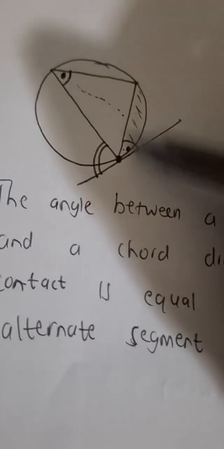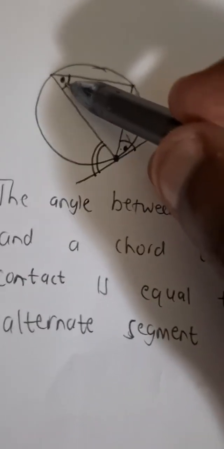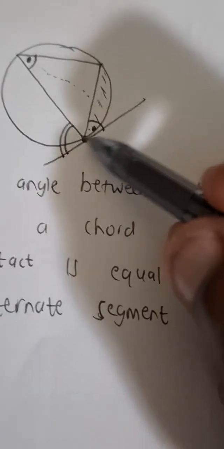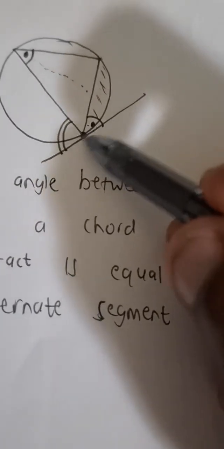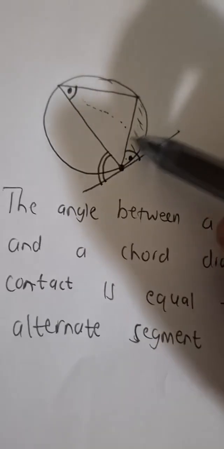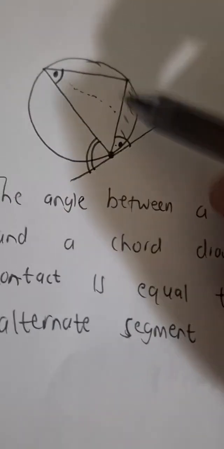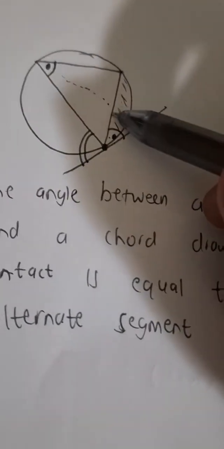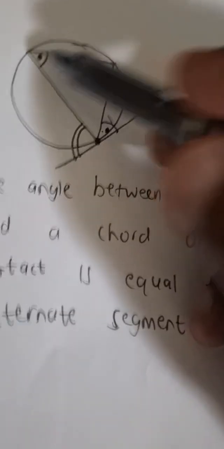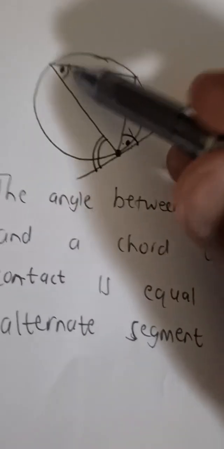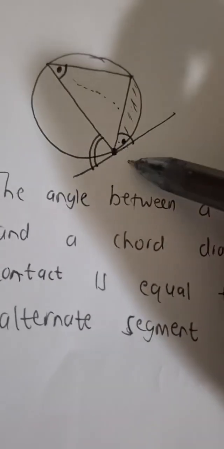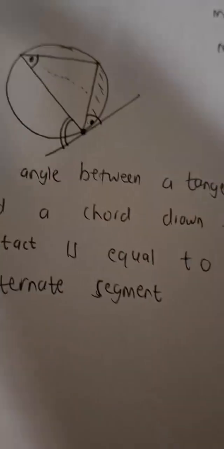So that's why this angle and this angle are equal. What is forming this angle here? It is this tangent and this chord. So this chord subtends that angle. Therefore, these two angles are equal. That's what the Tangent Theorem states.